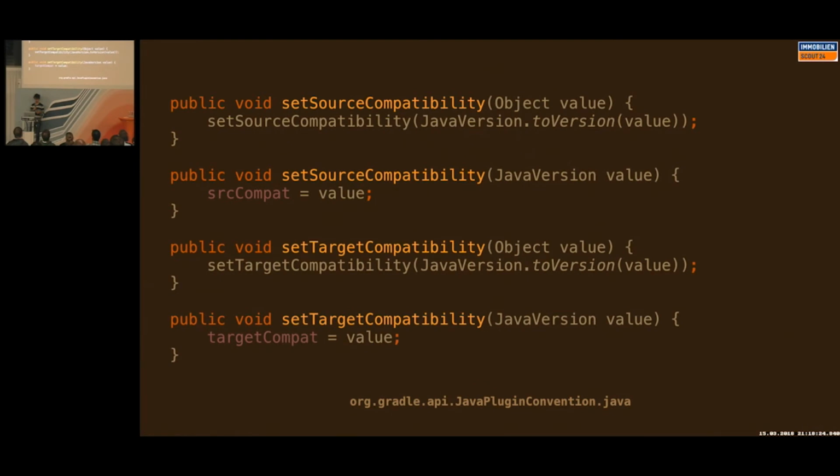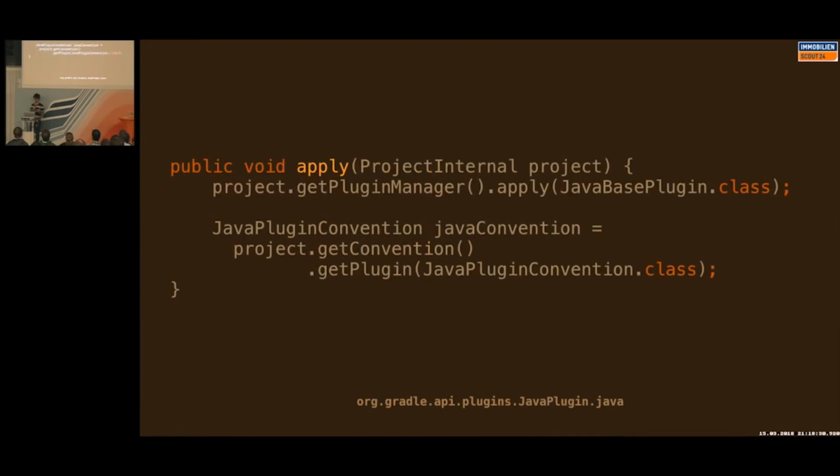But JavaPluginConvention is not something I applied anywhere to my project, it's actually applied by the default Java plugin. Whenever the Java plugin is applied, it applies this JavaPluginConvention to your project. So in Groovy, you can just access all the things that this JavaPluginConvention has, like those methods I just showed.